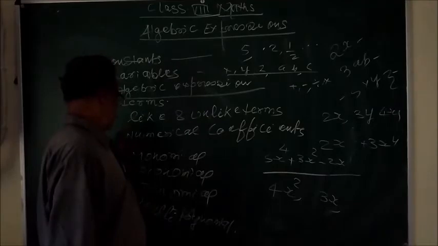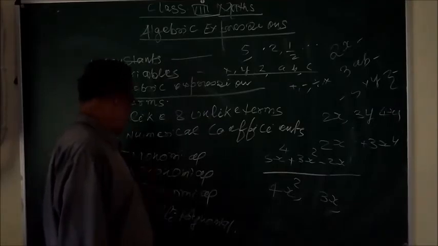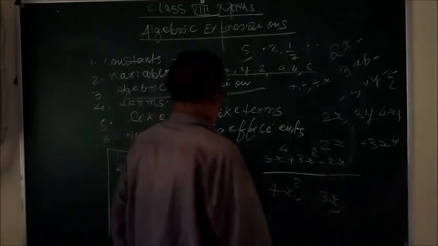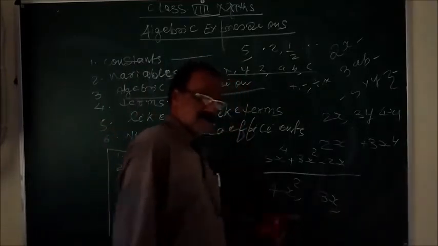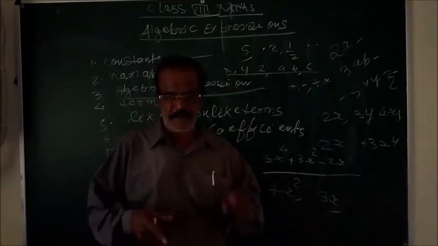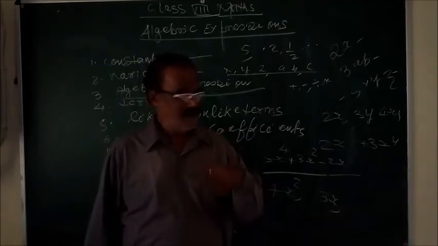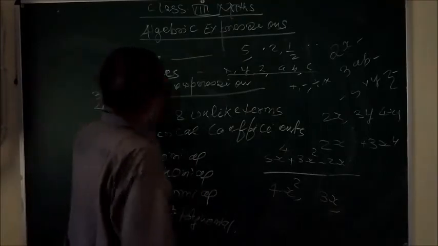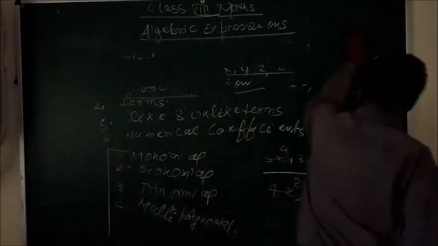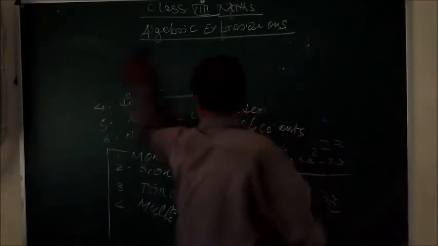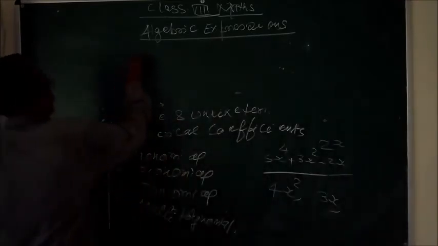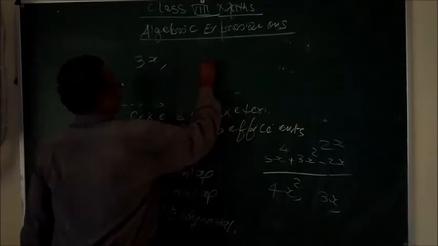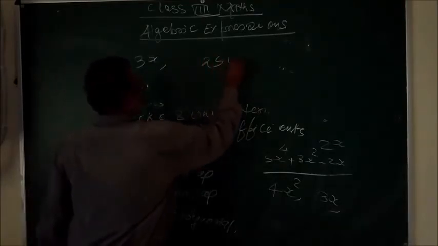Now these four: monomial, binomial, trinomial and multinomial. Monomial means an algebraic expression which has only one term. Suppose here 3x and this is 25y squared.